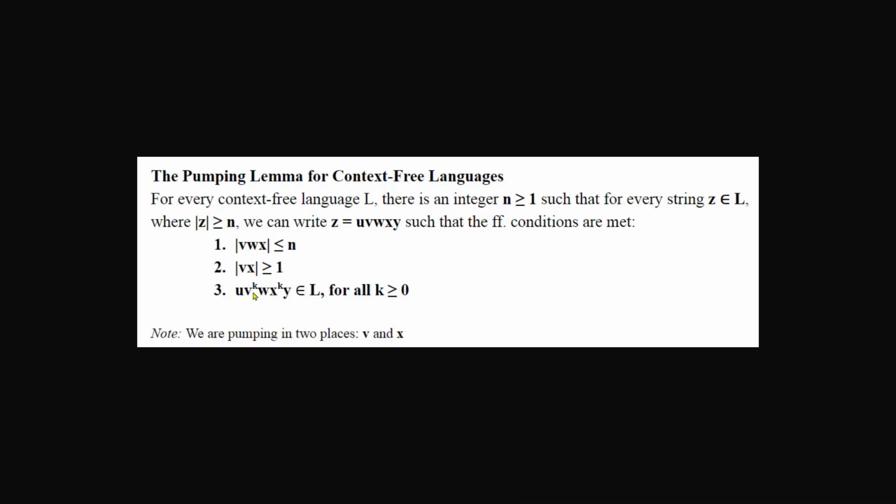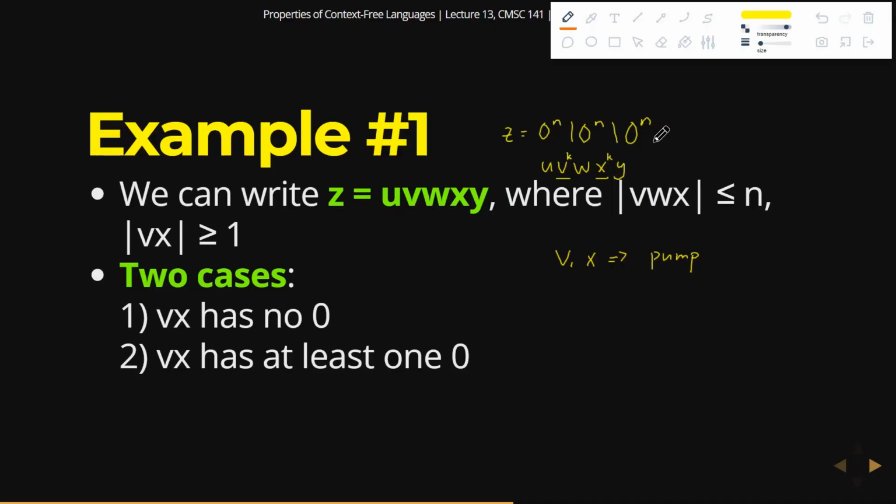These are the parts that we need to pump. So two cases will exist: either vx has no zeros, or vx has at least one 0. So those are the two cases.